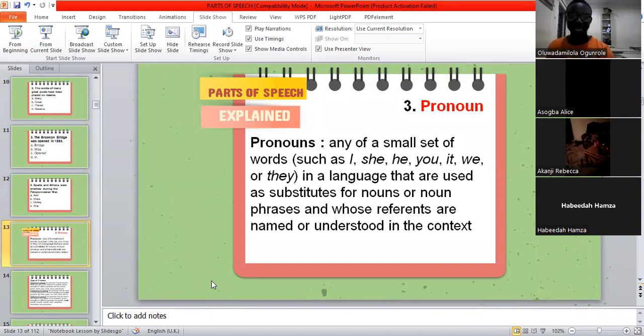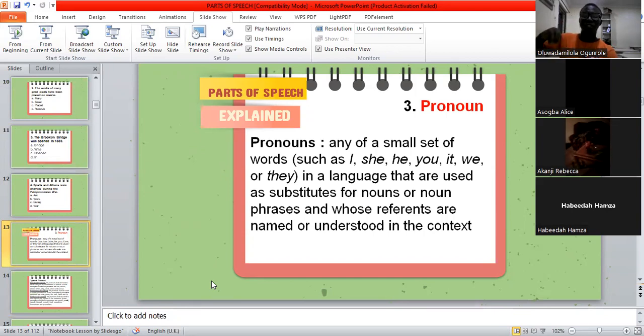Now, what this is saying is that sometimes you use a particular noun in your writing, and if the need arises that you want to use the same noun continuously, you may need to use a reference. So this reference, or something that you can use to replace your nouns, is what we call the pronoun. And I want you to know that they carry the same grammatical worth as your noun.